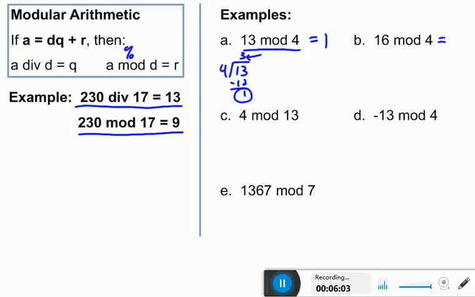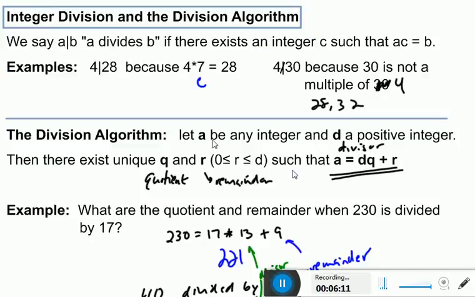What's my remainder? Well, 4 divides evenly into 16, so my remainder would be 0. Okay? Now if we go back to the definition, I didn't pay too much attention to this detail. The remainder always has to be between 0 and d. It actually should be strictly less than d, because you can't have a remainder of 5 if you divide by 5.